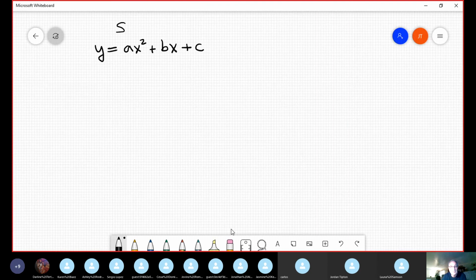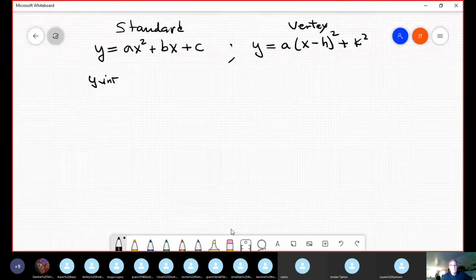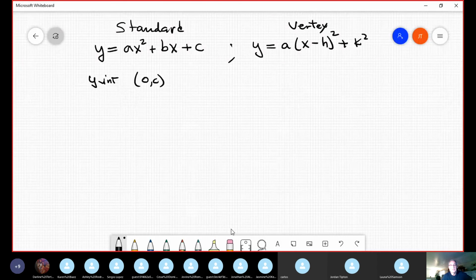This way is called standard. And we have another, which is y equals a(x minus h) squared plus k, and this is called vertex form. The first way is good to find, for example, the y-intercept, because it's (0, c), that number c, 6, -5, whatever.